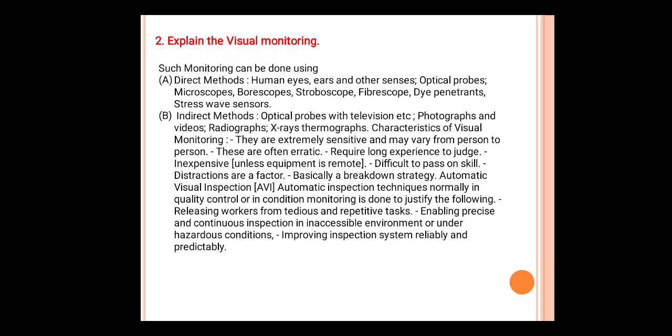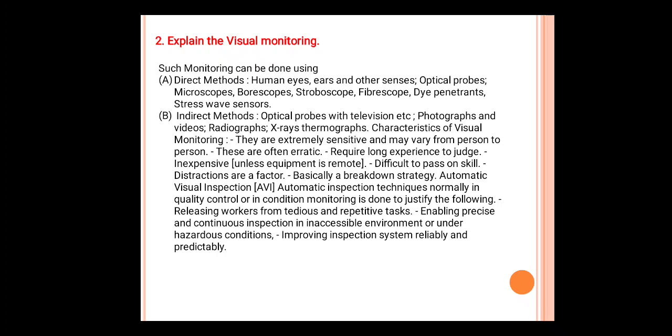The direct method means human eyes, ears and other senses, optical probes, microscopes, borescopes, stroboscopes, fibroscopes, dye penetrants, and stress wave sensors, which are considered direct methods of detecting the failures or faults which arise during working times. These are all considerations for visual monitoring.